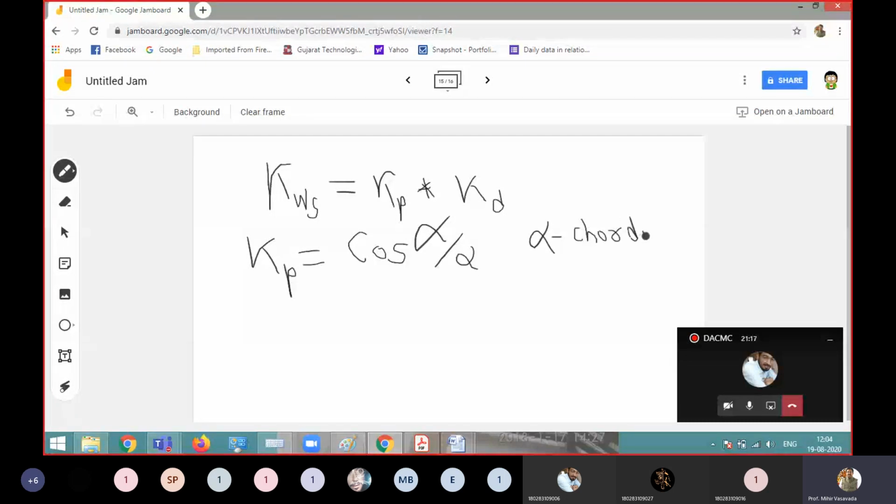This is dominant when you are using the pitch factor. That means you are using a short pitch coil rather than a full pitch coil. So by how much angle you have chorded or short pitched the coil, you have to find out that alpha, and put that value here, and you will be able to find out the Kp.